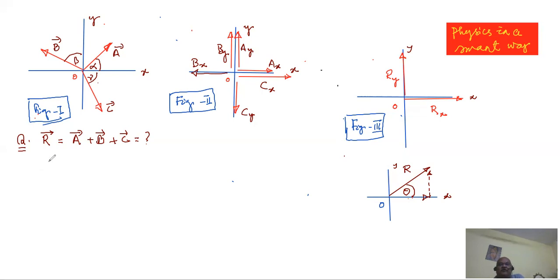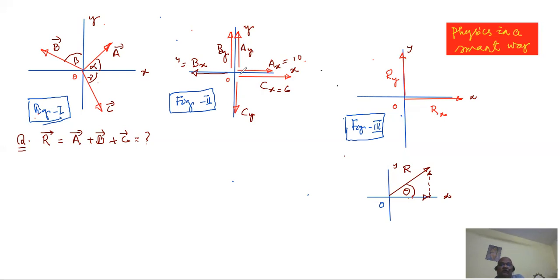If the AX magnitude comes out, let us say, as 10, the BX magnitude comes out as, let us say, 4 or 3, and the CX magnitude comes out as 6 or something like that, then what to do? We combine all the x components, but that combination must be algebraic, not arithmetic.